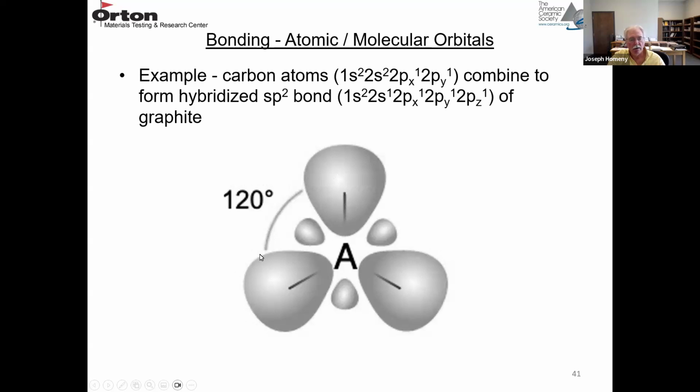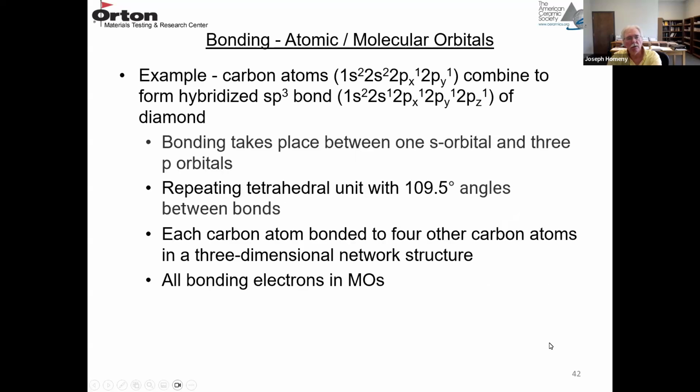These orbitals that are at 120 degrees, and basically that's how the bonding takes place in graphite. You have these hexagonal arrangements of carbon in these layered structures. And the hexagonal arrangement will have 120-degree angles. So they're forming an sp2 hybrid orbital.